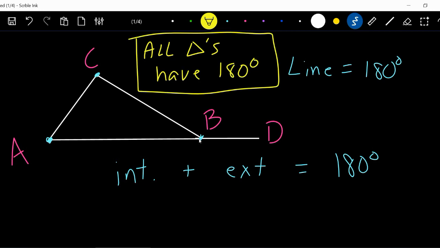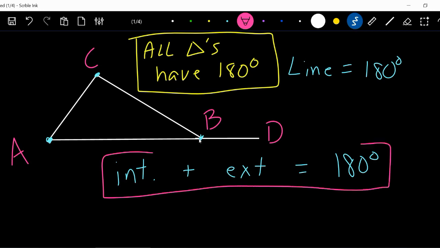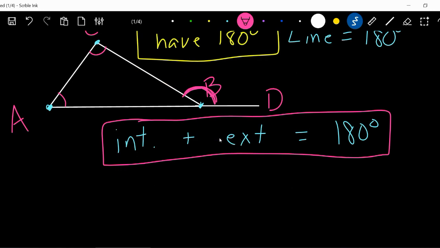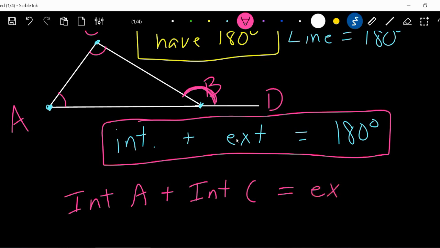If all triangles have 180 degrees, I want you to see something else. What did I write here? The interior plus the exterior equals 180. So check this out. This exterior angle right here equals this angle A plus angle C. So the interior A plus the interior C equals the exterior of B. That's interesting.